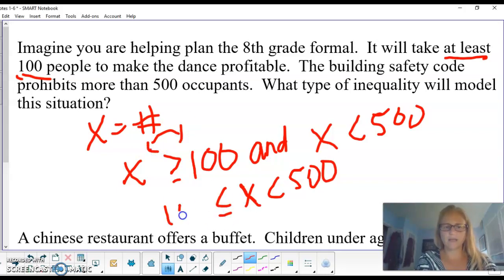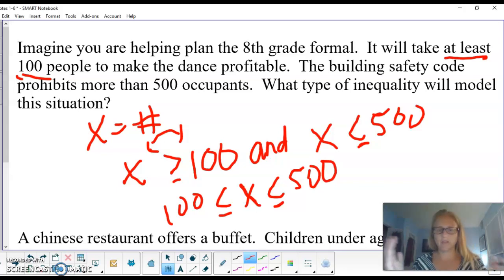We flip the sign, and we make it 100. And that's exactly what this is saying. X has to be between 100 and 500. All right. So this is our inequality with and, because it has to fit both. It has a minimum and a maximum value that it can be.